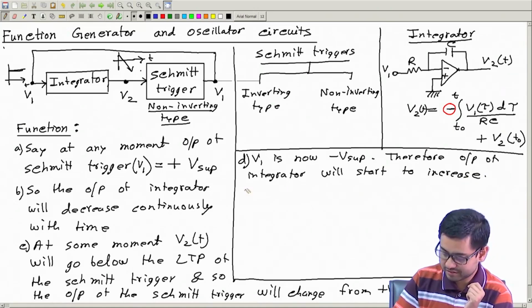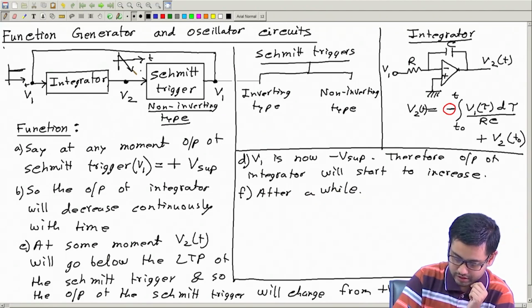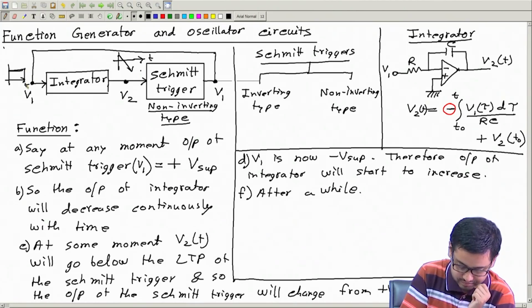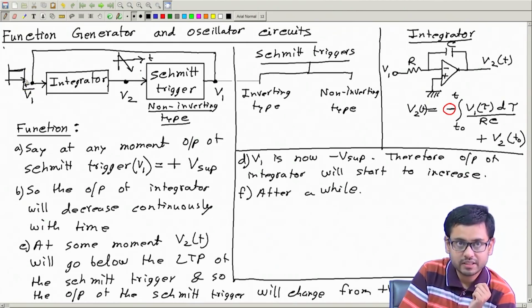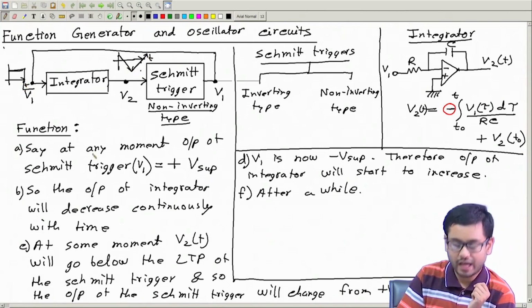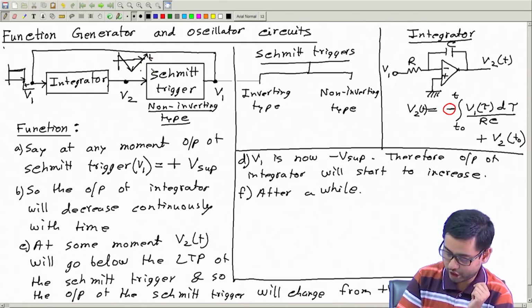And then what will happen? So, after a while, okay, so now this has gone down. Here it's negative, so this has started to go up. And at some point, it will cross the upper trigger point of this Smith trigger.